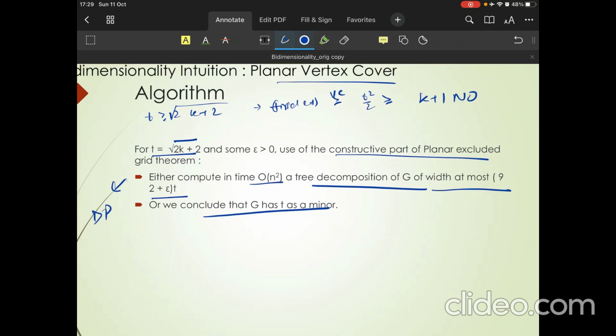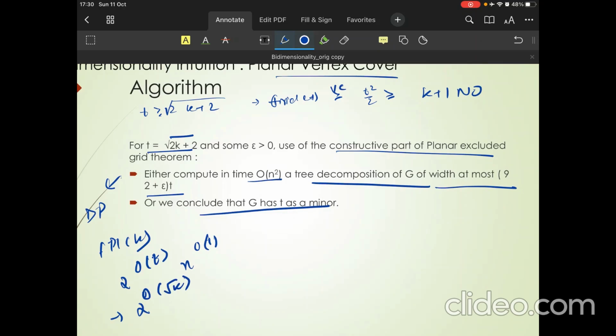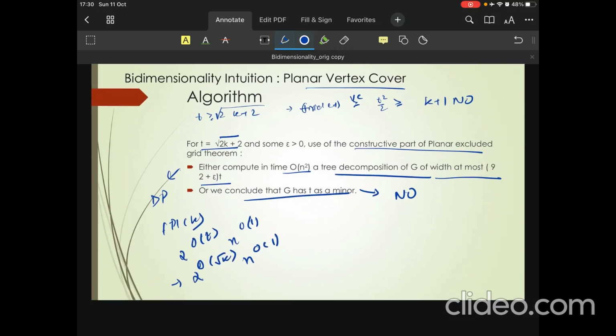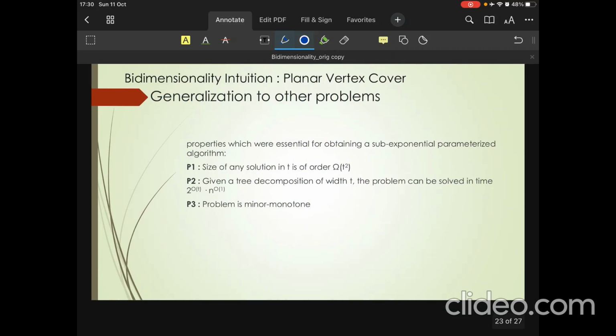So for the first part we can design a simple DP and compute it in FPT time, which is basically 2 power order T n power order 1, where T is square root of 2k plus 1, so it becomes 2 power order square root of k n power order 1. Or we can conclude that G has a T as a minor, and we can say that it's a no instance. So again, it's a win-win approach.